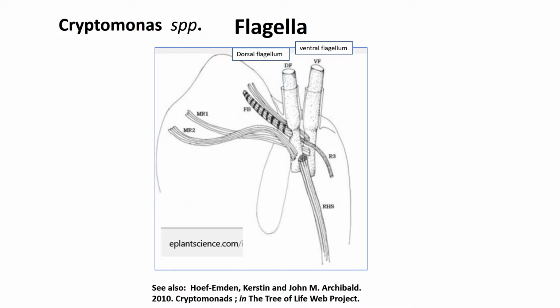As is evident in this drawing, the flagella are anatomically located in the right side of the vestibulum. At the point of insertion of the flagellar roots deep in the vestibulum, there are four associated supporting microtubular structures.